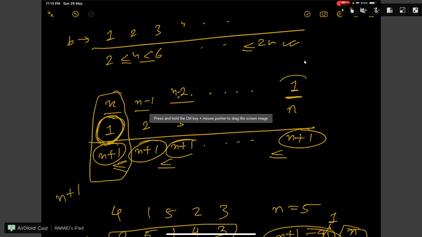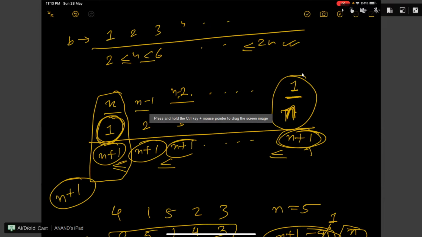So below 1 you will have to put, in the worst case, n. Below n you can only put n in the worst case. So n plus 1 will come again. This n plus 1 is not strictly smaller than this n plus 1. So in that case the answer won't exist, we cannot form the permutation. Yeah, so in that case it would be all input dependent. Okay, got it.